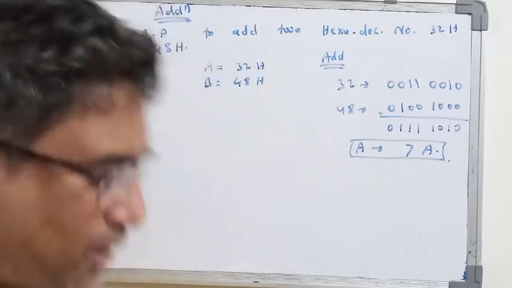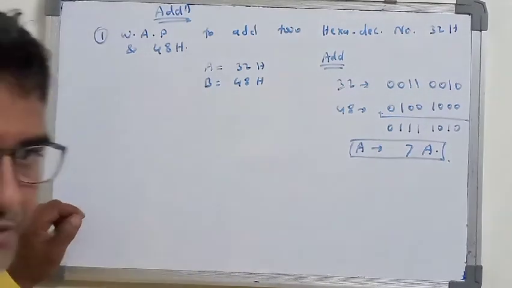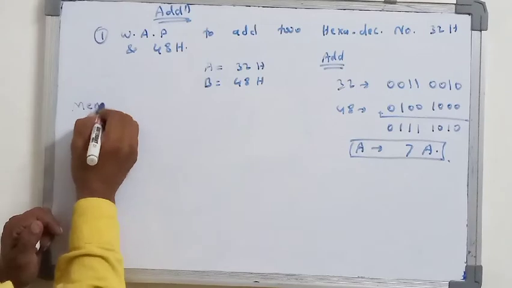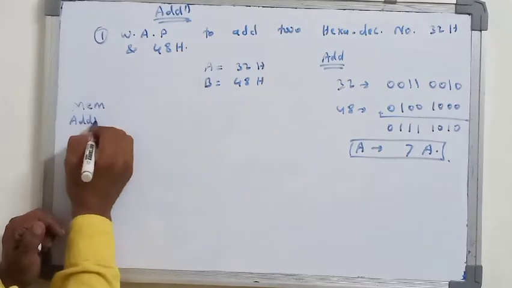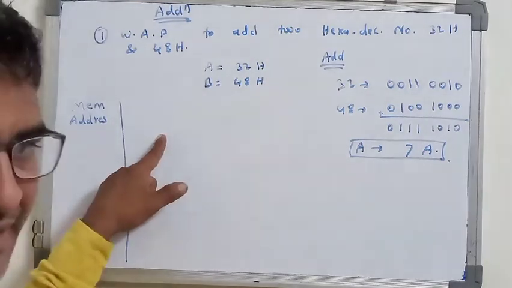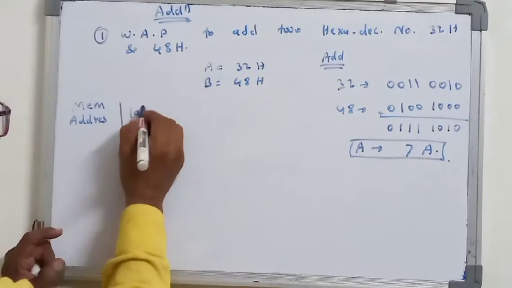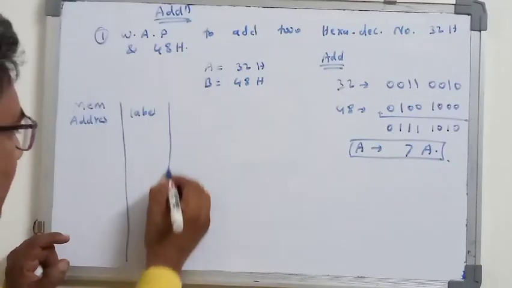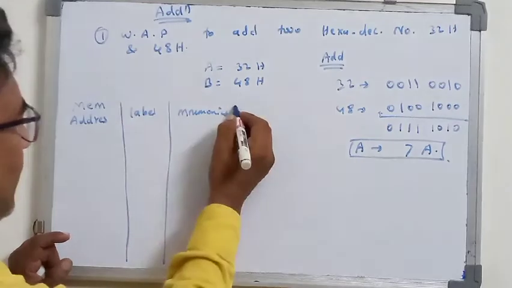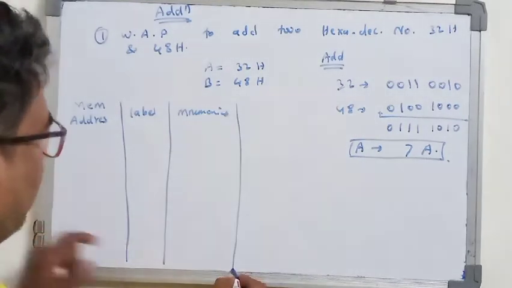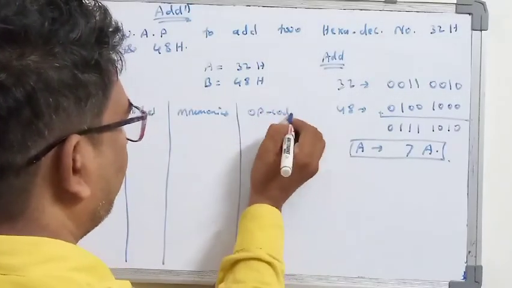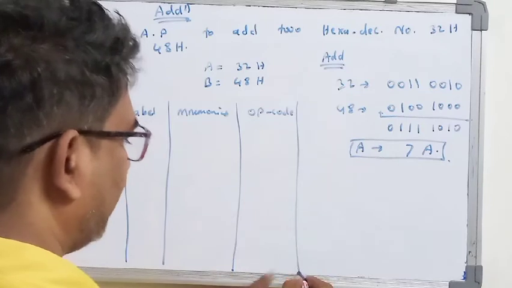Okay, so you have to write down first, you have to make the chart, and that chart is very much important. It is first the memory address, then second the label, then the mnemonics, then comes the opcode, and then comes a comment.